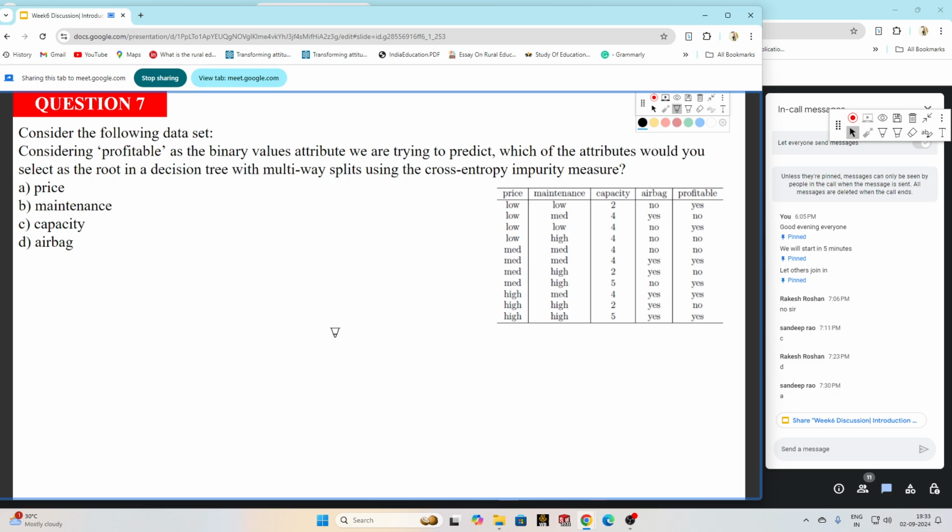Consider the following data set. Yeah, this is our data set. We have 4 attributes. One is price, with 3 classes: low, medium and high. Maintenance also has 3 classes: low, medium and high. Capacity has values 2, 4 and 5, so 3 classes.